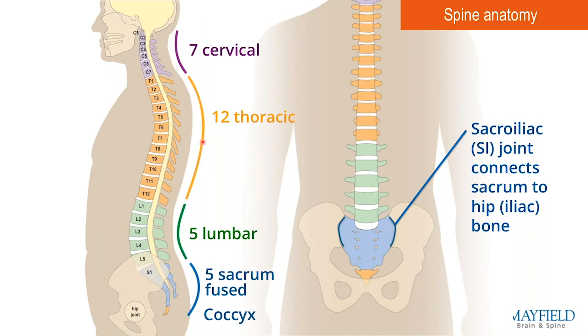Then there's 12 thoracic vertebrae, and that's where your ribs are attached. Then there's 5 lumbar vertebrae, and these have very large bodies because you have a lot of weight bearing in that area. Then there's the sacrum, which is 5 fused vertebrae, and then you have the tailbone or the coccyx at the end. And then the SI joint, which you may have heard of, the sacroiliac joint, is the joint that connects the sacrum to the hip bone, which is also called the ilium.